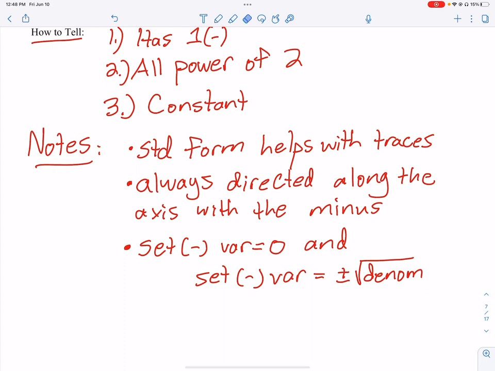We're going to set those to get 3 traces. The first equal to 0, then equal to positive and negative the square root of its denominator, and these traces will give us those 3, and they'll be either a circle or an ellipse.